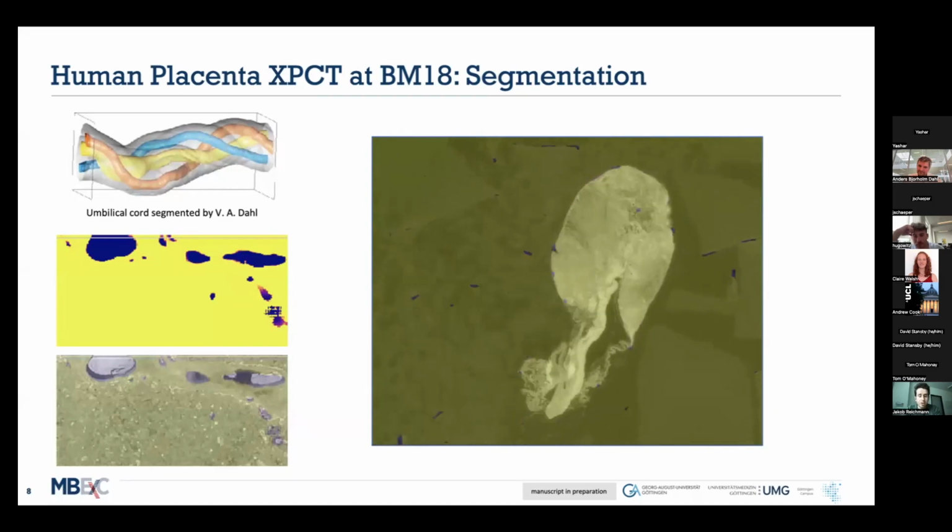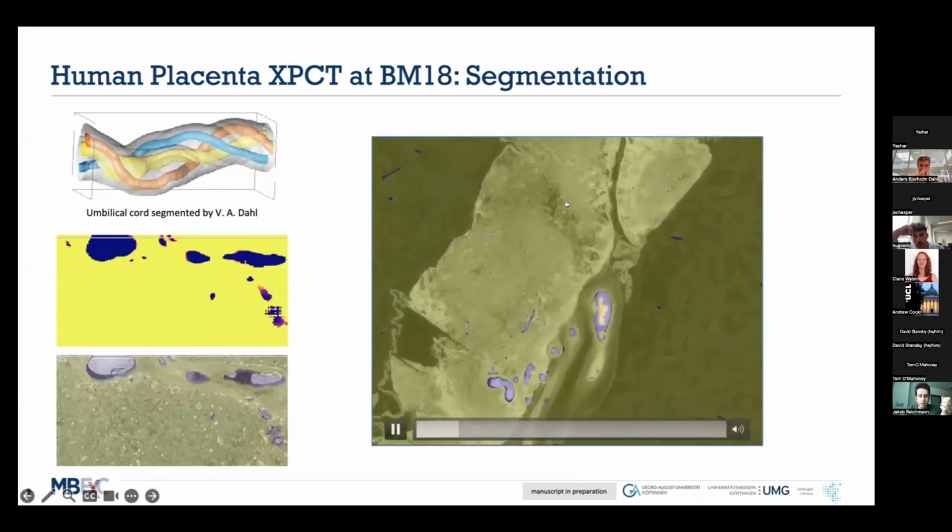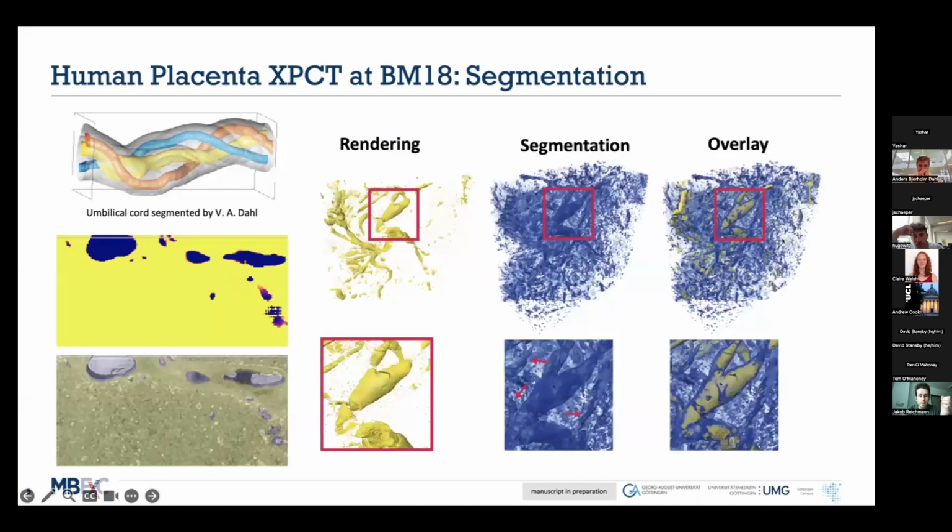So when you actually visualize the structures you segmented, you can see here the rendered version, which is of course also implemented, and you can see some of these structures.